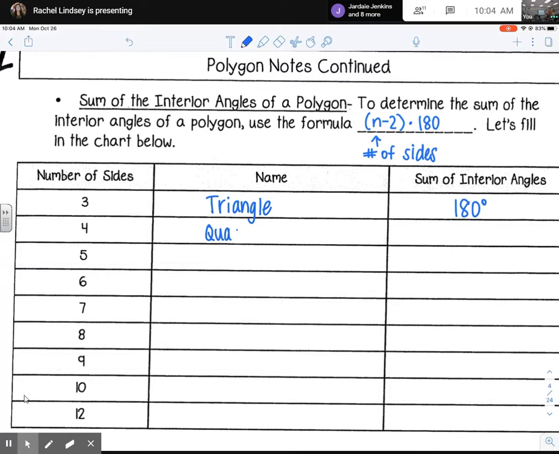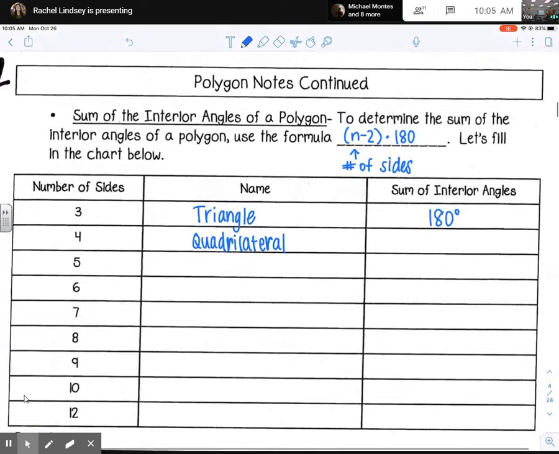Quadrilateral. We need to find the sum of those interior angles. If you want to use the formula, you can. What's 4 minus 2? 2. What's 2 times 180? 360. So every quadrilateral has an interior sum of 360 degrees.